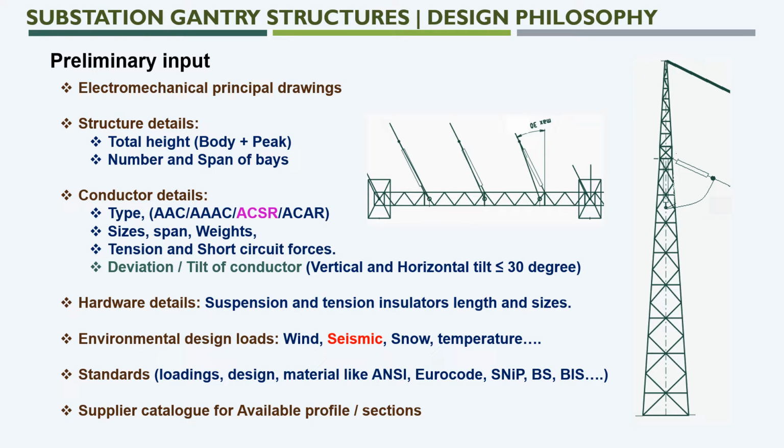Before design freezing, we need to check whether they have the profile available, because some suppliers have 6 meter lengths of certain sections which are not available in 3 meter or more than 6 meter. So in this case we need to provide splicing. If the exact required length is not available with the supplier, we need to provide a splice in our design consideration.